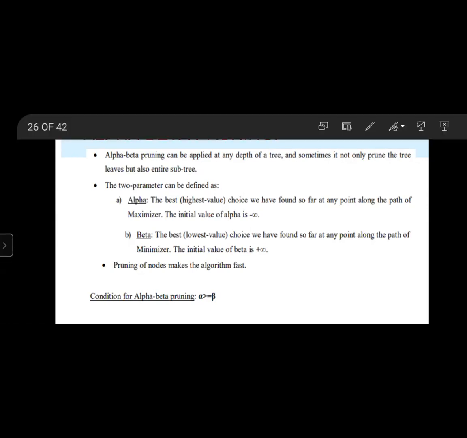And next, the beta parameter: the best, that means lowest, value we have found so far at any point along the path of the minimizer. The initial value of beta is plus infinity. What is the initial value of alpha? Minus infinity.